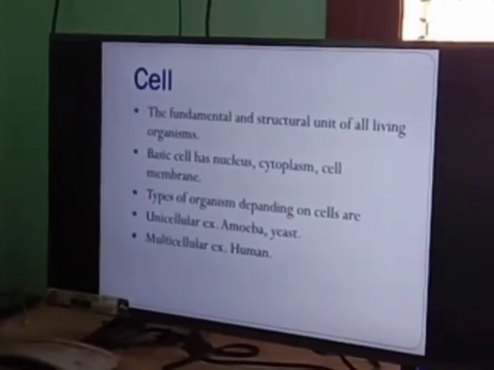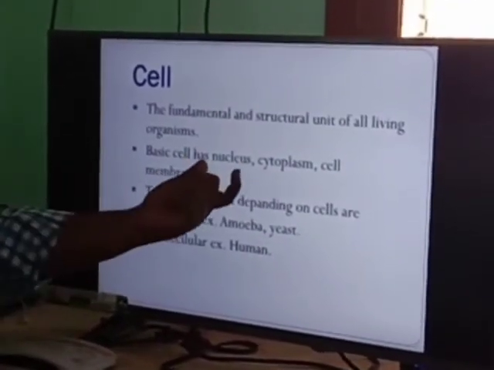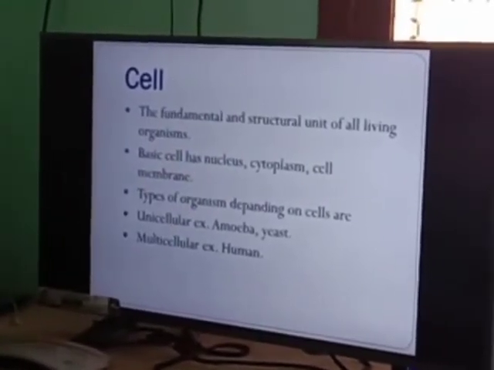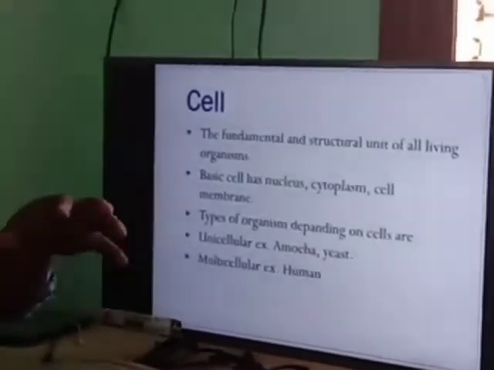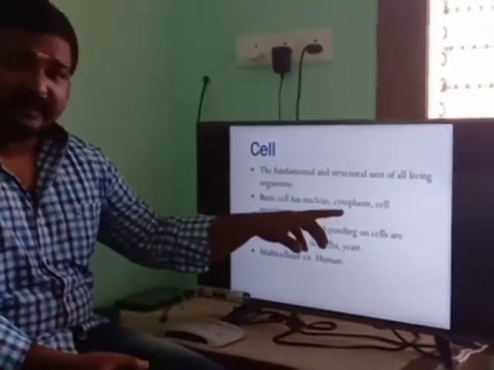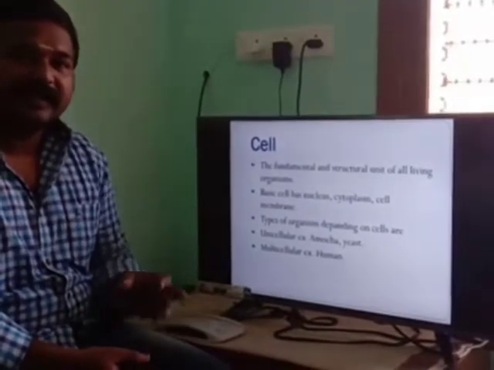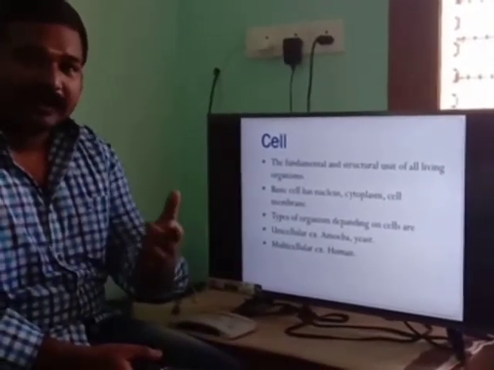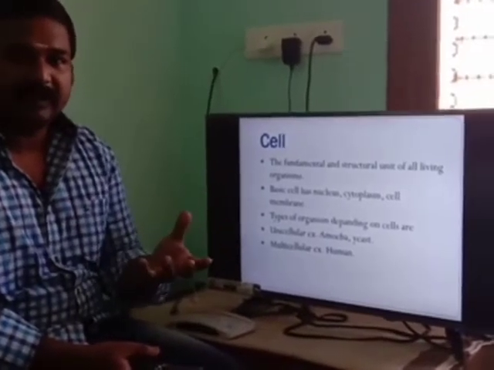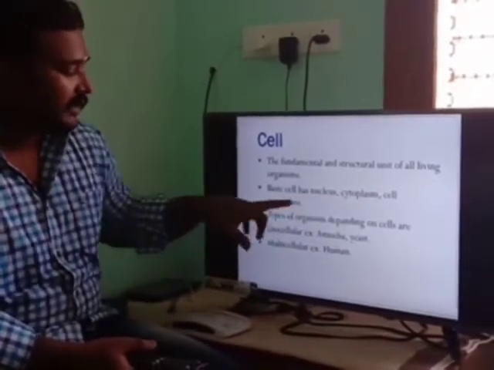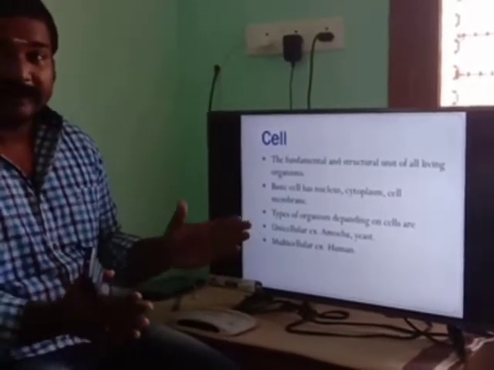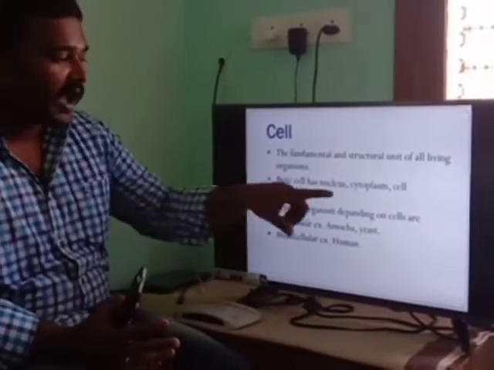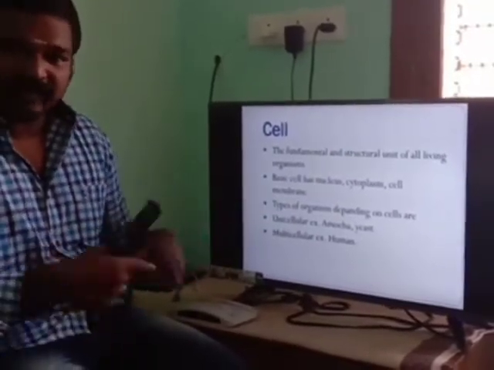One is the nucleus, the controlling center of the cell that controls the function of the cell. Then cytoplasm. Cytoplasm is a jelly-like substance which holds all the components of the cell together. Then to protect the elements inside the cell, we have the cell membrane around the cell.